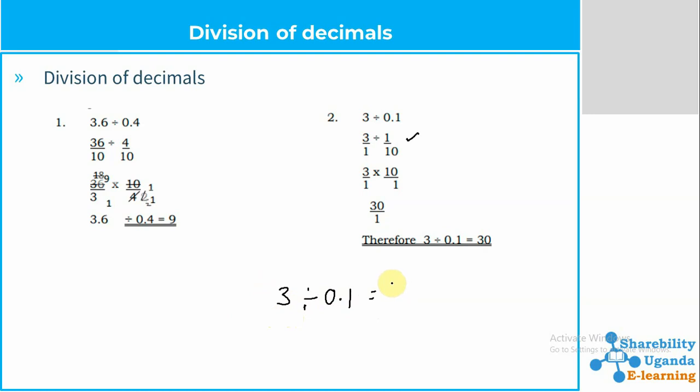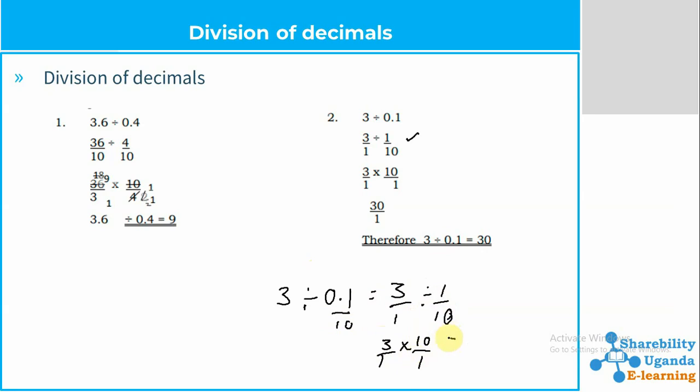So here now when we divide it by 1, you can say our 3 divided by 1. Then also now here we can say it should be our 1 out of 10. So now this is the number that we got. So we said that when we get the reciprocal of this number, we shall have our 3 out of 1 times 10 out of 1.